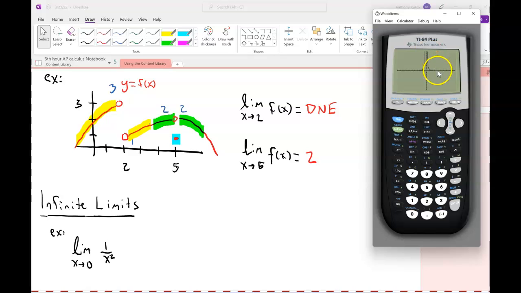If I look at the right side of that function, what does that appear to be doing when x gets close to 0? Also positive infinity, right? Everybody agree? The left-hand limit and the right-hand limit match. So what can we say? The limit exists and the limit's value is positive infinity.